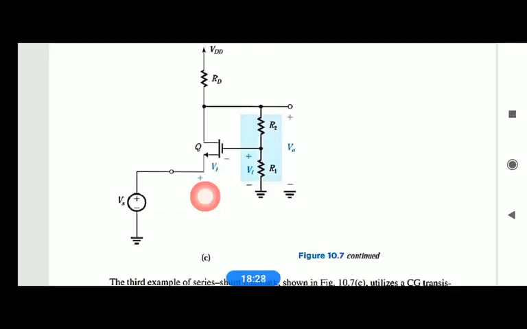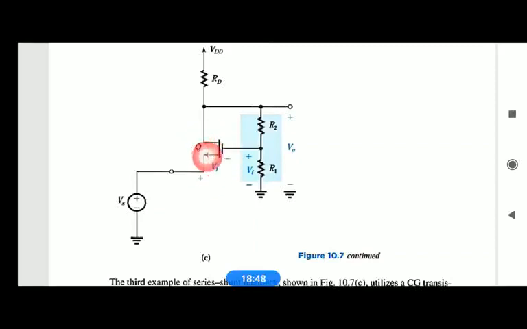If gate to source voltage is increased, the transistor operates more. If source to gate voltage is increased, the transistor operates less, because there is negative voltage at the gate, and the other side positive voltage is increased. So therefore this operates less.